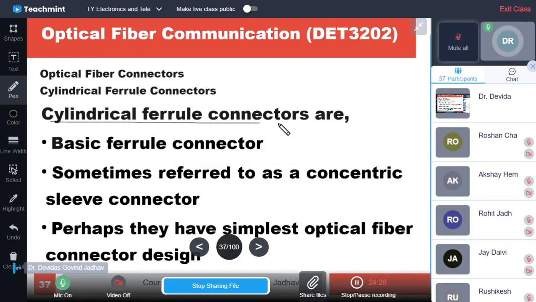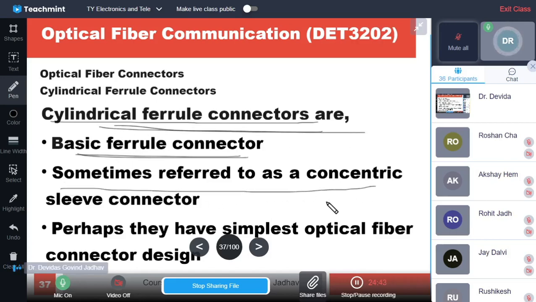So cylindrical ferrule connectors are basic ferrule connectors. These ferrule connectors are sometimes referred to as concentric sleeve connectors.